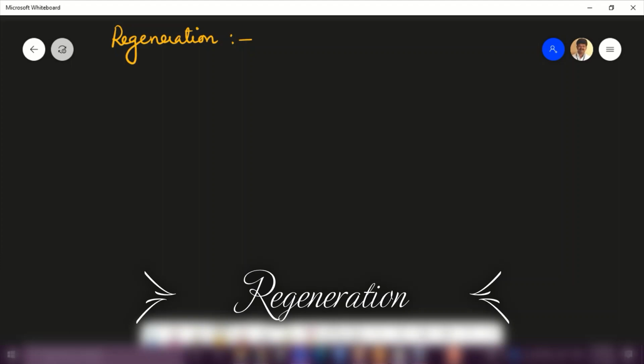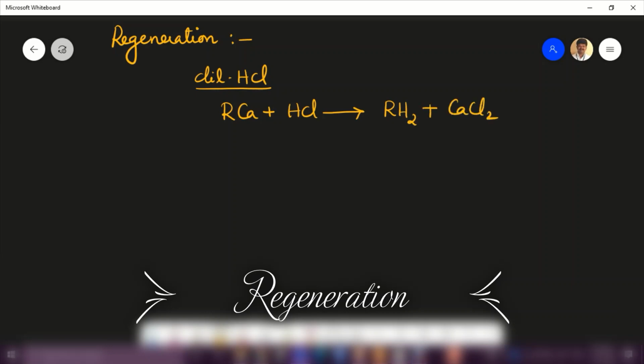For regenerating cation exchange resin, we are going to use dilute hydrochloric acid. Here the resin containing the exchanged cations is regenerated to its original form, that is RH2 plus CaCl2, with 2HCl.